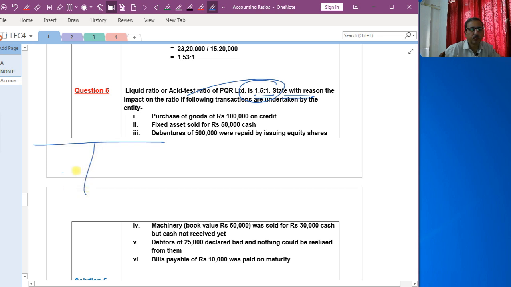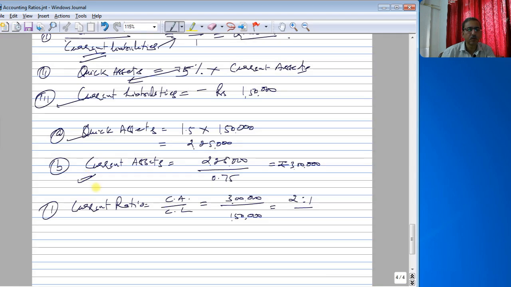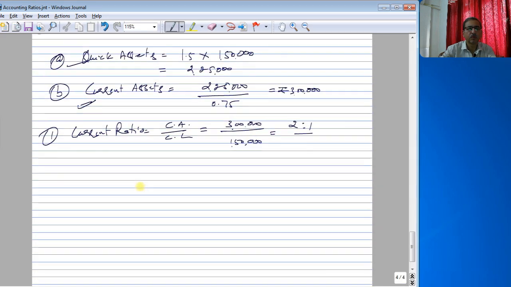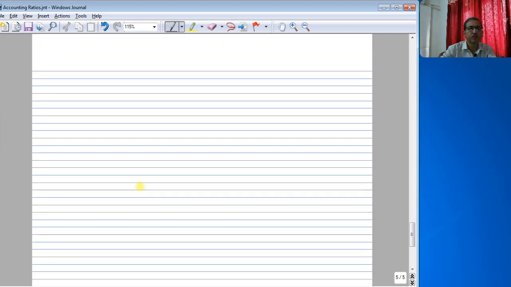I will prepare it just to go through this one. So here you will see a T format. I have already shown this. Share capital is there.